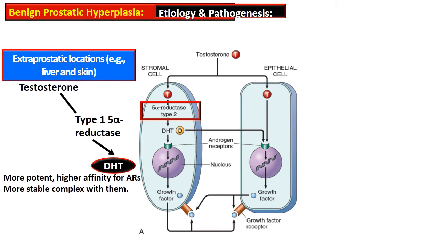So binding of this dihydrotestosterone, that is the stable complex, this androgen receptor then translocates to the nucleus from the cytoplasm, and after this translocation there is activation of the transcription of androgen dependent genes, and several growth factors and their receptors are produced as a result of this gene activation.